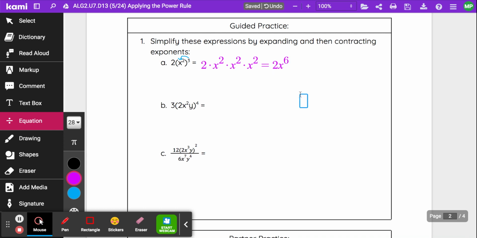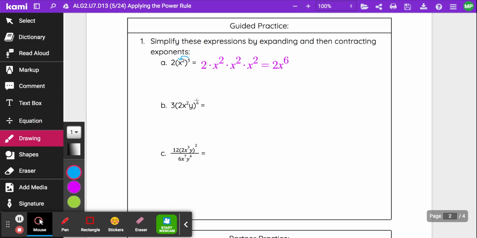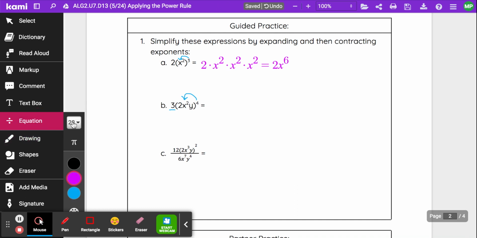And I know some of you guys were already yelling that out, but I had to go through it and have that suspense there. Okay, next one is a little bit trickier because we've got a few more numbers happening. So stay with me. This 4 to the power of 4 is getting applied to everything inside the parentheses, but not to the 3 outside. The 3 outside stays all by itself.